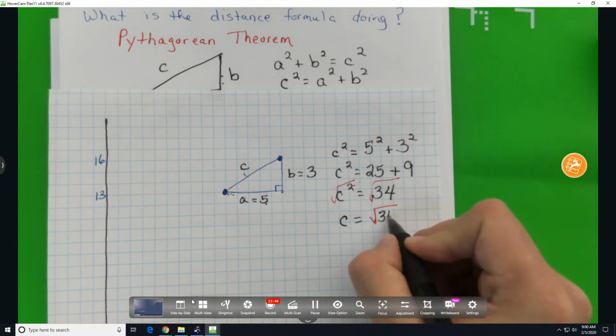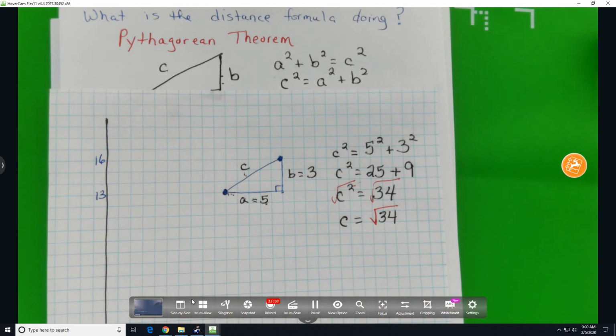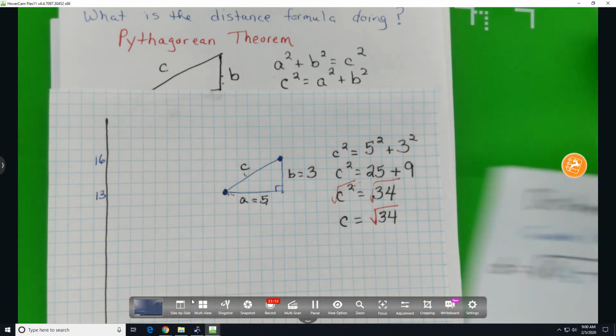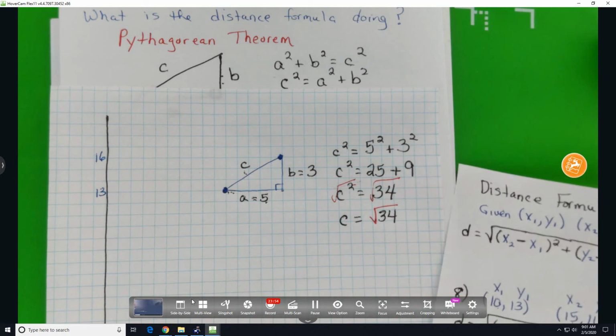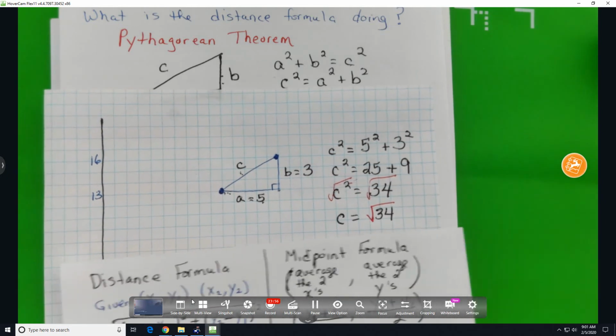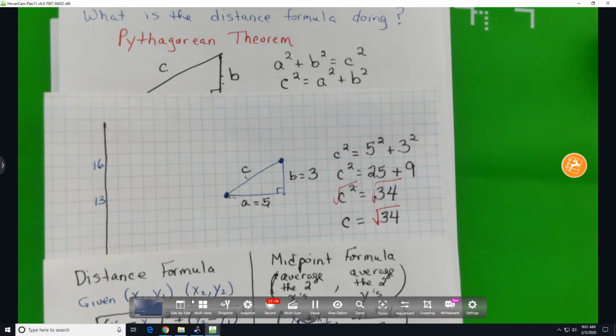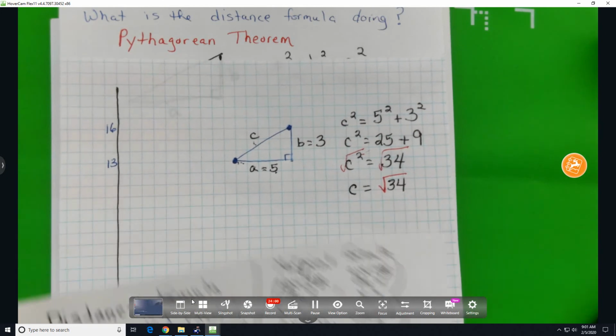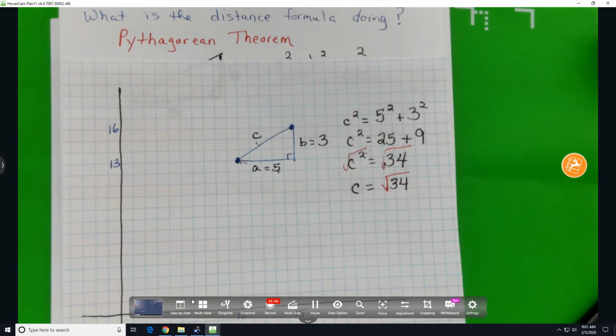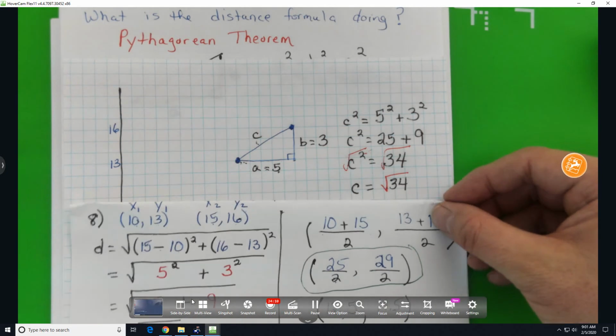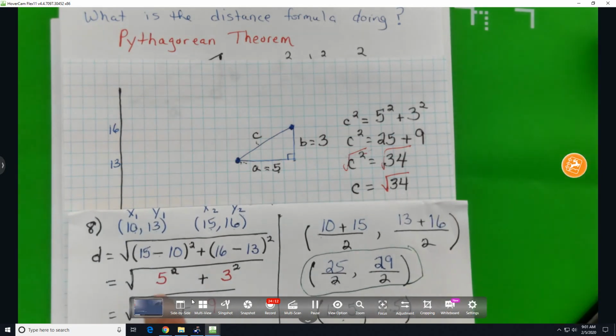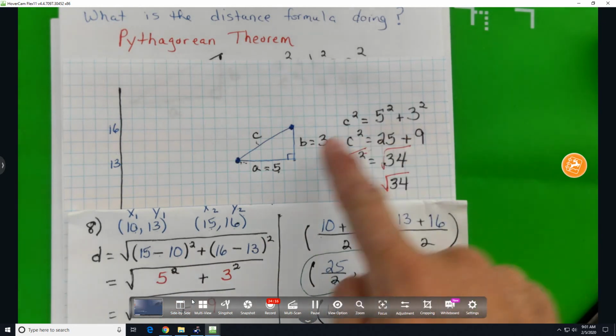Now, does any of this look familiar? Well, let's look back at the way we did the distance formula. What if I fold the page like that? Okay. When I'm doing the x2 minus x1, notice what that's calculating.